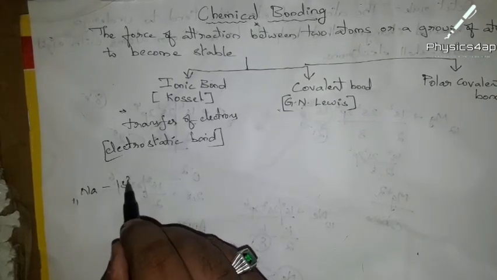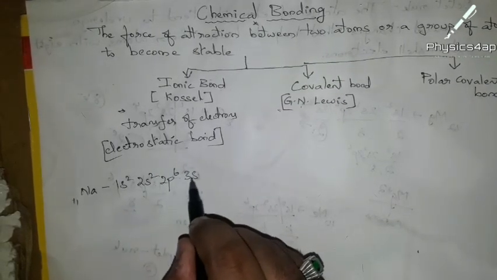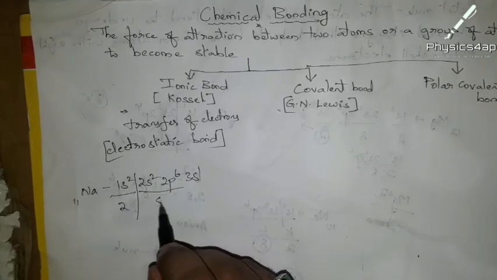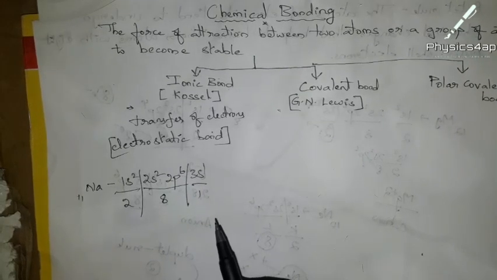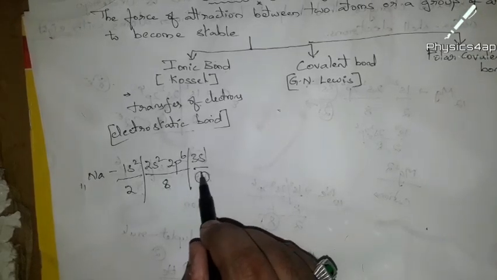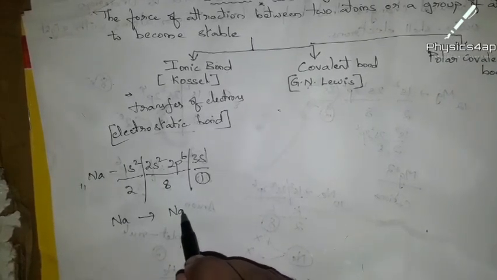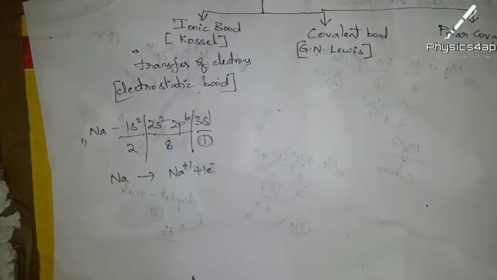When we write the electronic configuration: 1s2, 2s2, 2p6, 3s1. Now when we see its outermost orbit, we have one electron. According to the octet rule, that one electron is removed. When one electron is removed, we get Na+.